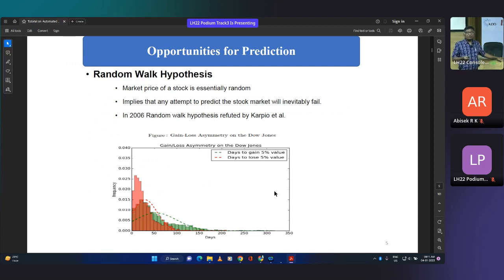So people panic more often than they are exuberant. What we see in the stock market typically is that stock prices go slowly up, but they come down very fast. And this has been proved very conclusively in this paper, and we have referenced that paper.